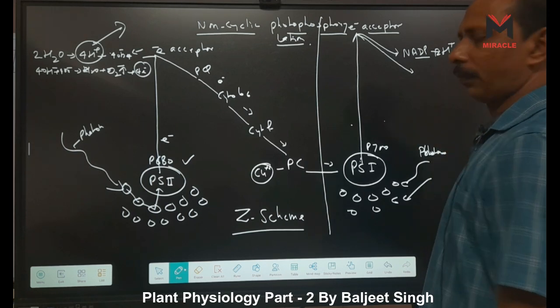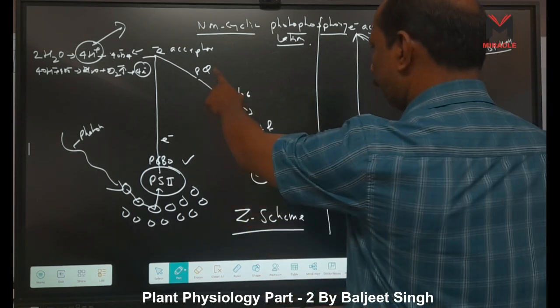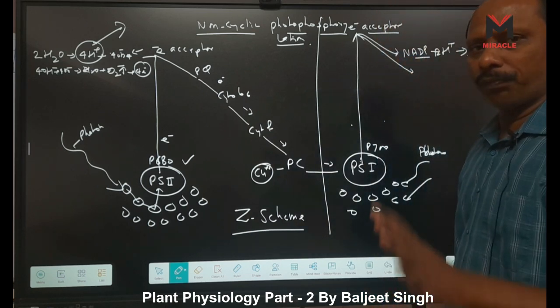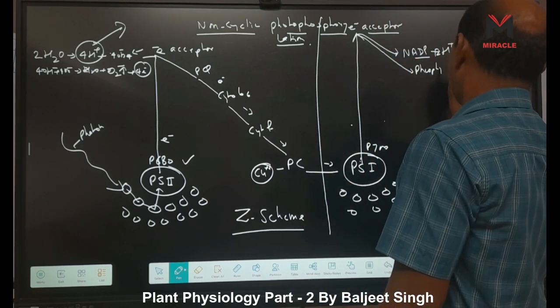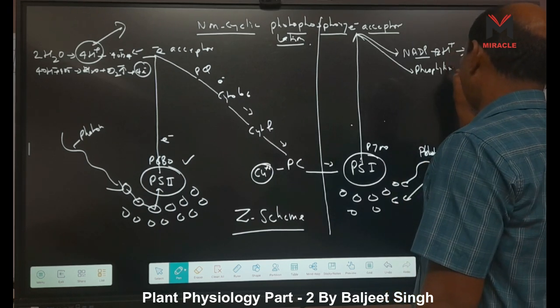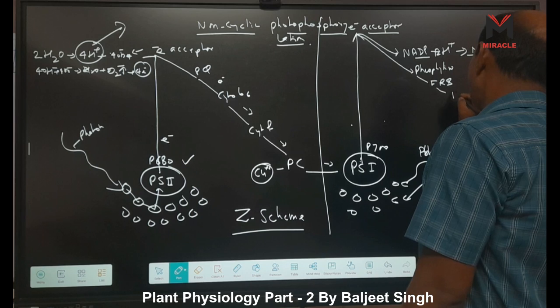First it is transported to the phosphorylated acceptor, phytin. Then it is transported to FRS, to FD.